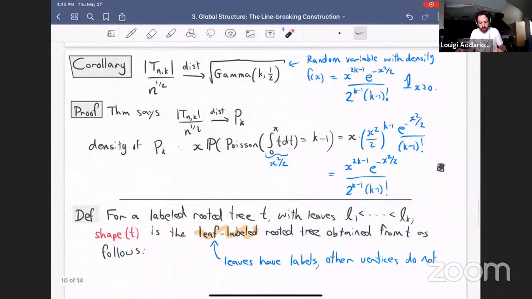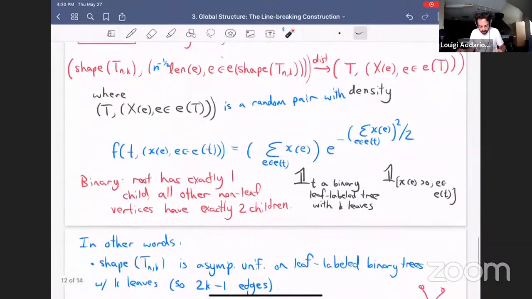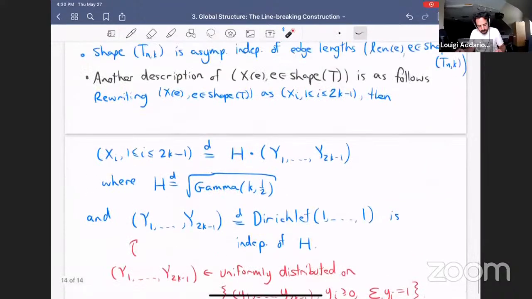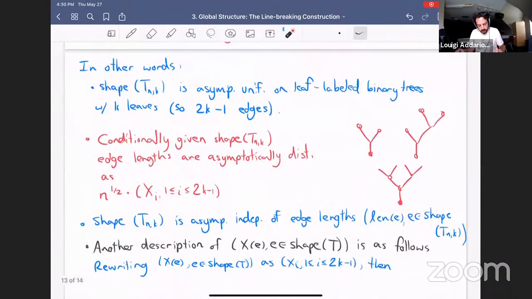Okay, so I wanted to say a bit more about what's missing to go from one description to the other. So we had a theorem which already told us about the length of the first branch, and then the length of the second branch, and the length of the third branch, and the length of the fourth, and the length of the fifth.